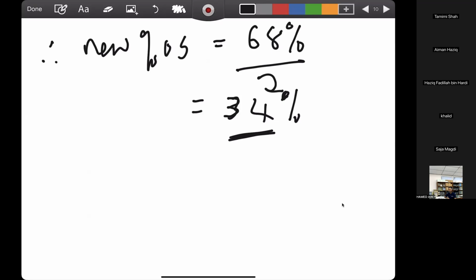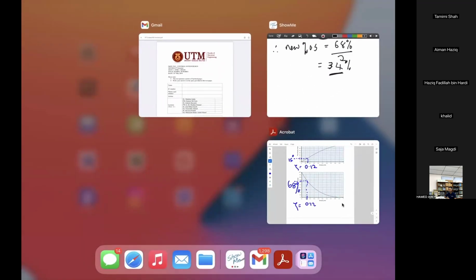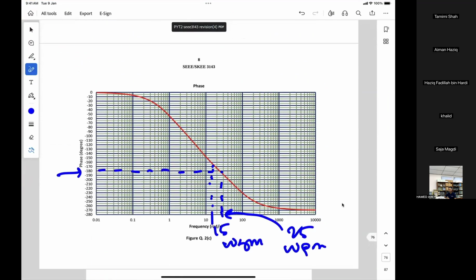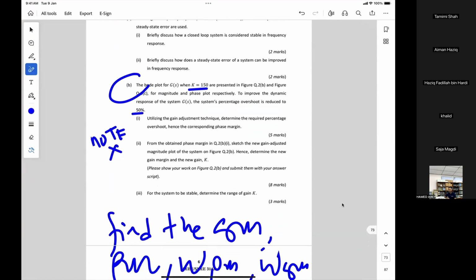Doctor, the question stated that the system percentage overshoot is reduced to 50%, not by 50%. It's reduced to 50. Should we divide or make it 50? Okay, you have to understand the word. It's reduced to 50%, from 68% to 50%.